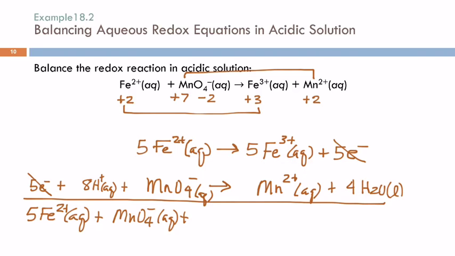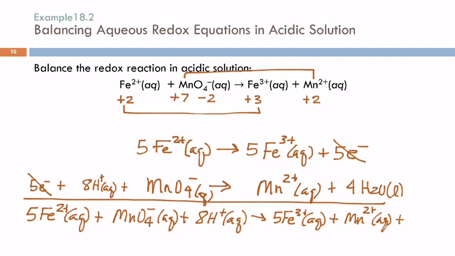And then I can't leave out the 8 H pluses. So that's all the reactants. And then over on the product side, I've got 5 iron ions, Fe3+, and I have 1 manganese ion, and I have 4 water molecules.